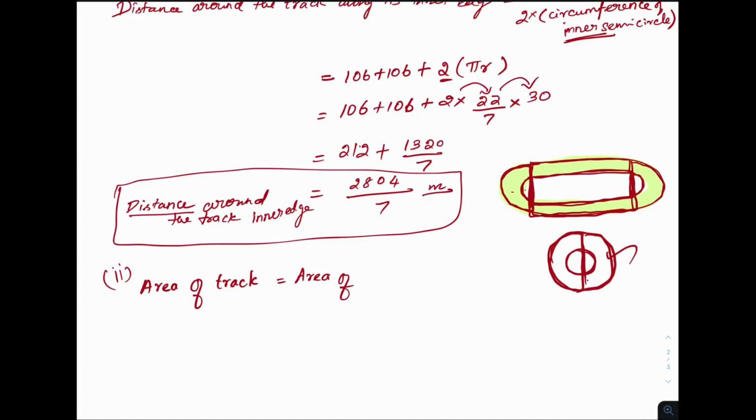The bigger rectangle minus the smaller rectangle gives this shaded region, and then the smaller one's area minus this area gives the remaining shaded region.